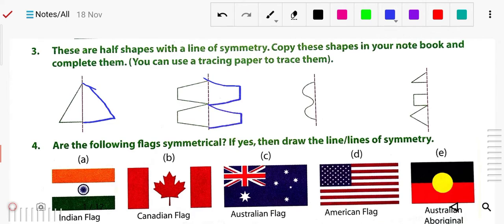Okay, so you can draw the half part, it will be like this. For this you can see, there will be one triangle here. Okay, in the mirror you can see how it will look, so that you have to draw here. So you have to complete it nicely in your copy. Got it? You do it in your copy.